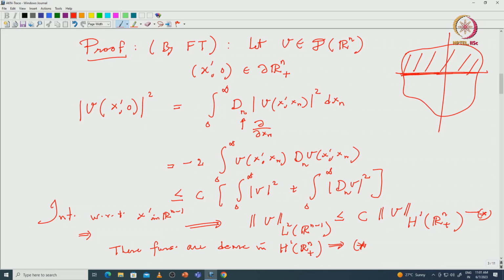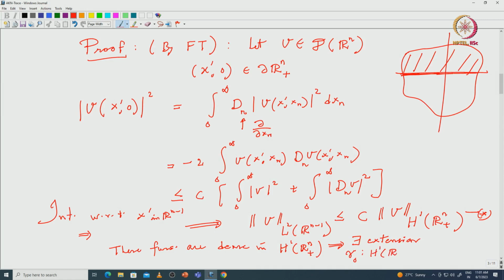This implies, the extension implies there exists an extension gamma naught, that is what it shows, because those functions are dense.